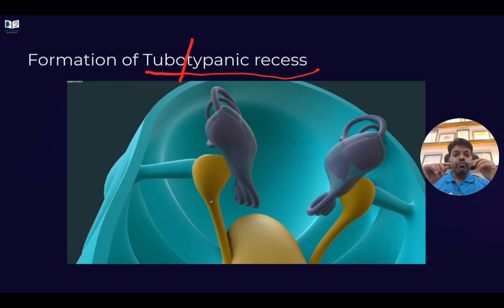So how does the tubo-tympanic recess develop? From the first pouch there is an extension, and the distal part becomes the tympanic cavity. Then what happens to the proximal part? This becomes the auditory tube, also called the Eustachian tube. This connects the nasal cavity with the tympanic cavity. This is how the tubo-tympanic recess forms.